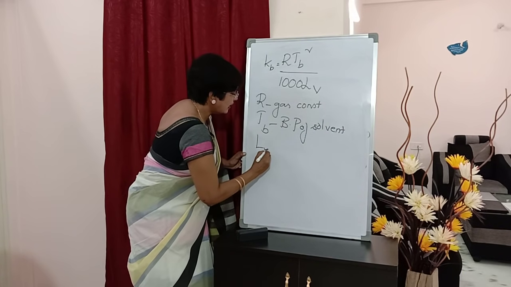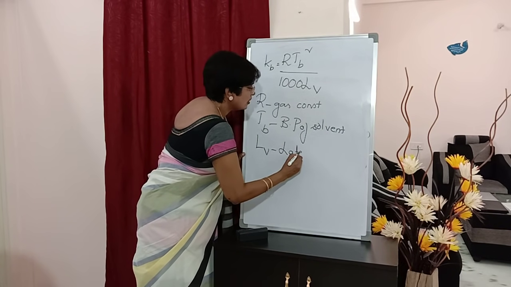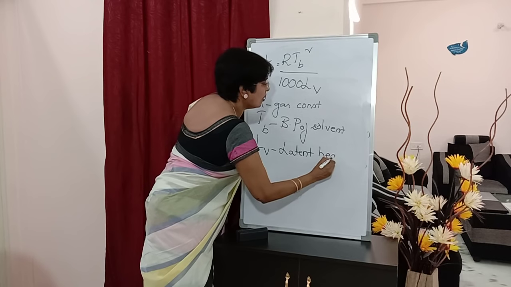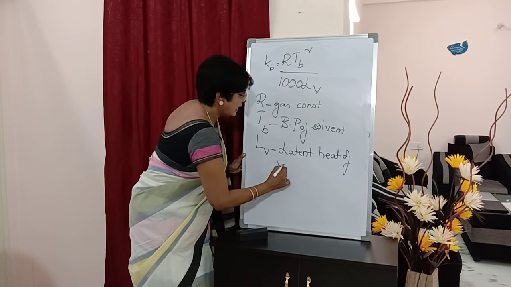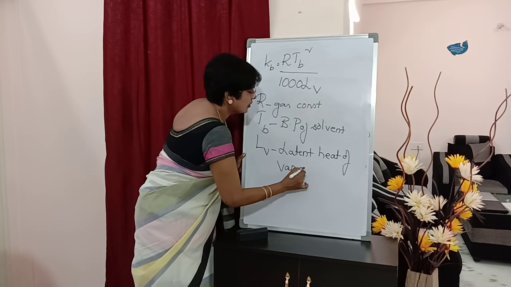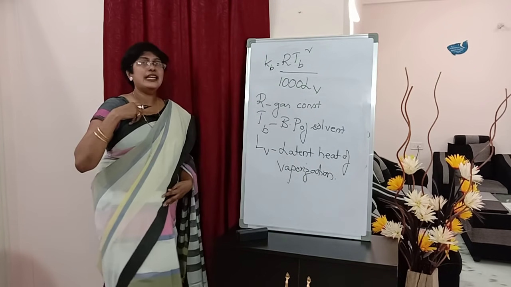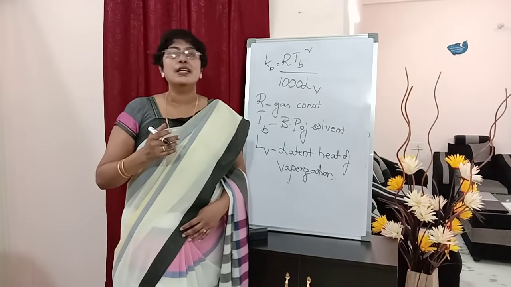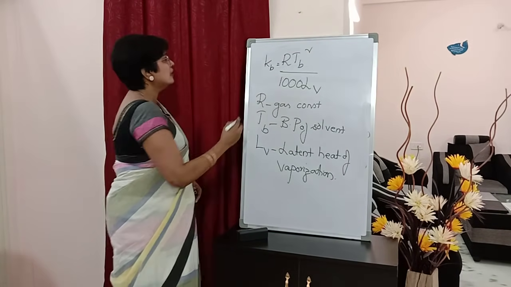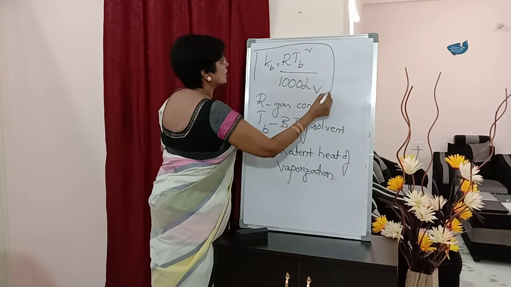Next, Lv is the latent heat of vaporization. Put this also in a box.